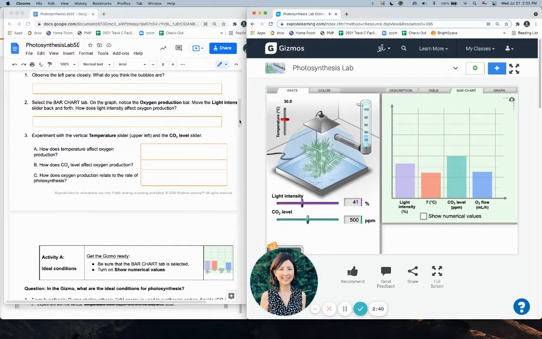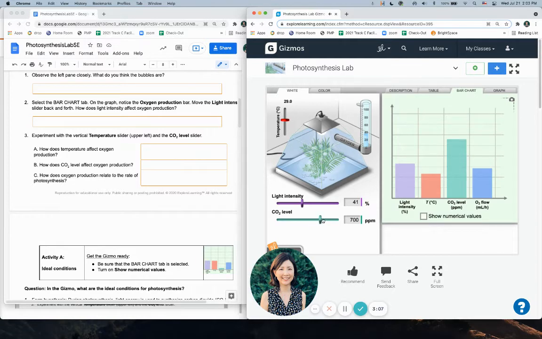Then we're going to experiment with the temperature slider and see if that affects oxygen. So you're going to move it up and down and see, does that affect oxygen? If I move it warmer, what happens to the oxygen flow? If I move it colder? And then how does CO2 affect oxygen?